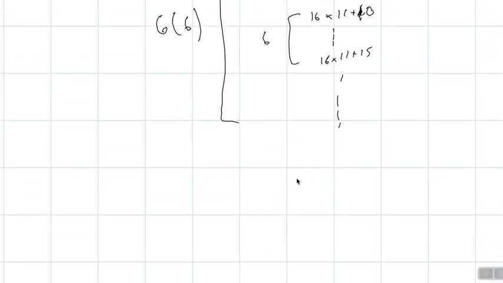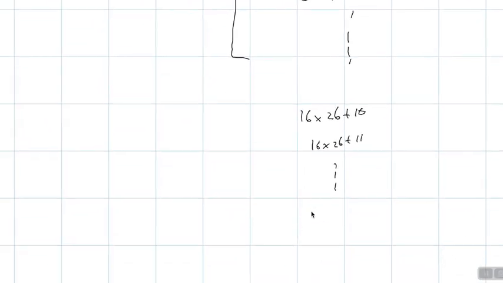And same for the other sector, looking at 16 times 26 plus 10, 16 times 26 plus 11, and so forth, all the way to 16 times 31 plus 15. The numbers that we double counted there are 6 times 6.